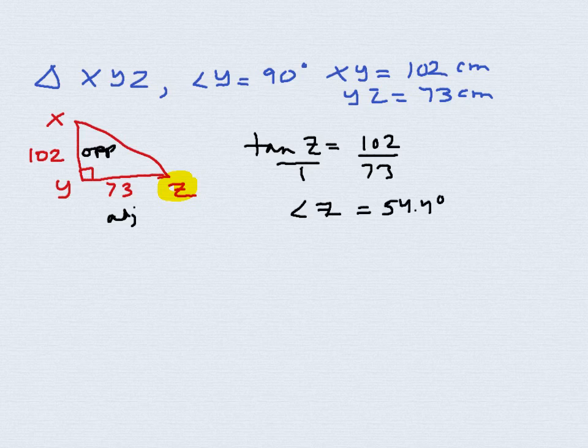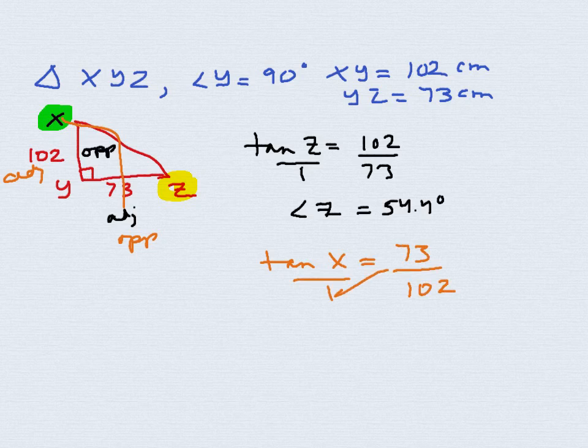Angle X is different. Different angle, different perspective. So if you're looking at angle X, the side that's opposite was the old adjacent. This is now going to be the opposite side, and this is now the adjacent side. So to find angle X using trig only, you would say tan of angle X is going to equal the opposite side 73 over the adjacent of 102.